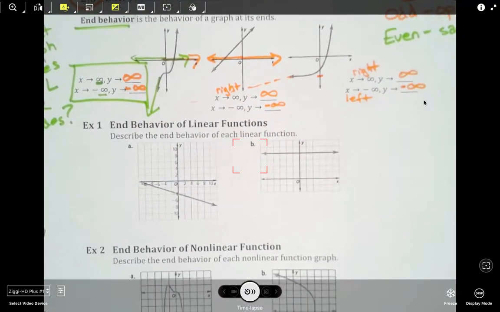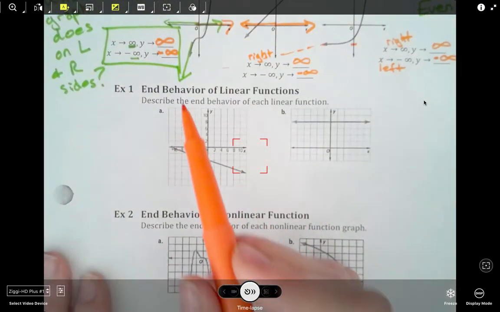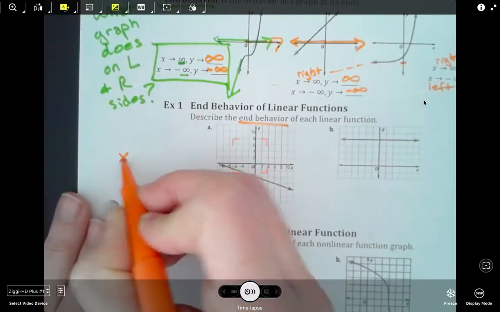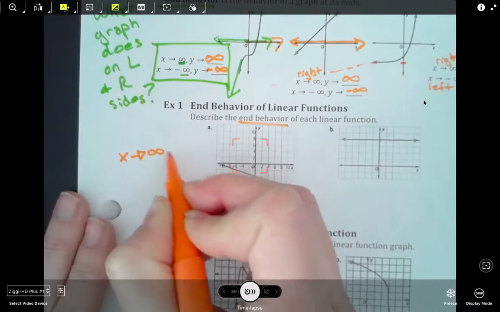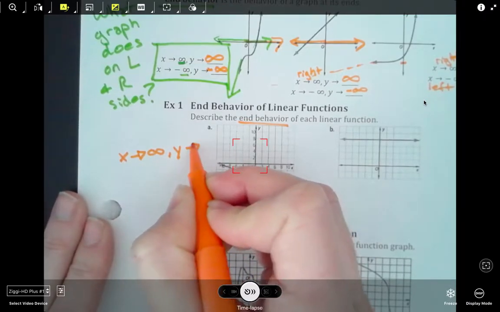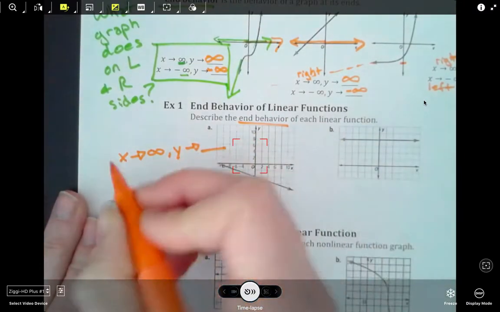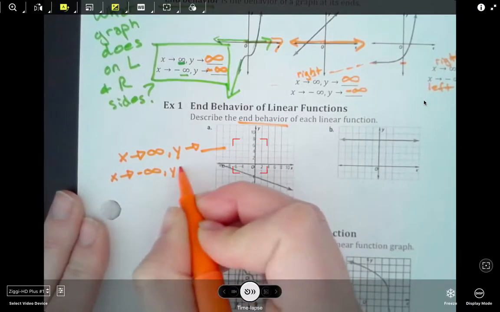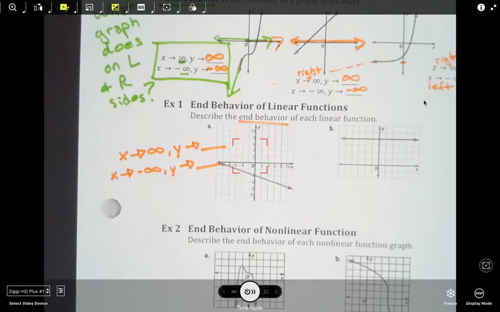All right. So example 1, on each one of these, it says describe the end behavior. You're going to have to write out as x approaches infinity, comma, y is going somewhere. As x approaches negative infinity, y is going somewhere. And we're going to figure out what goes in those blanks.